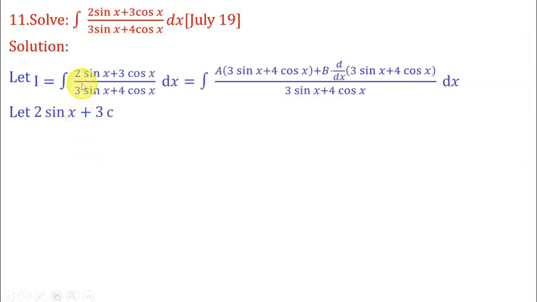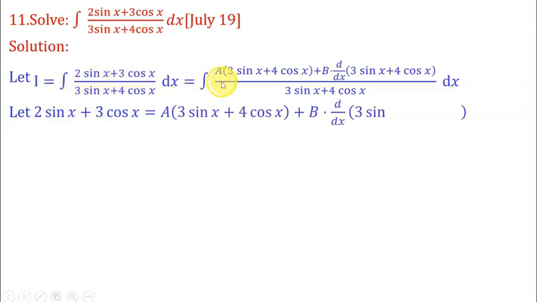Now see this here: 2 sin x plus 3 cos x is written as a into (3 sin x plus 4 cos x), which is the denominator, plus b into the derivative of the denominator.